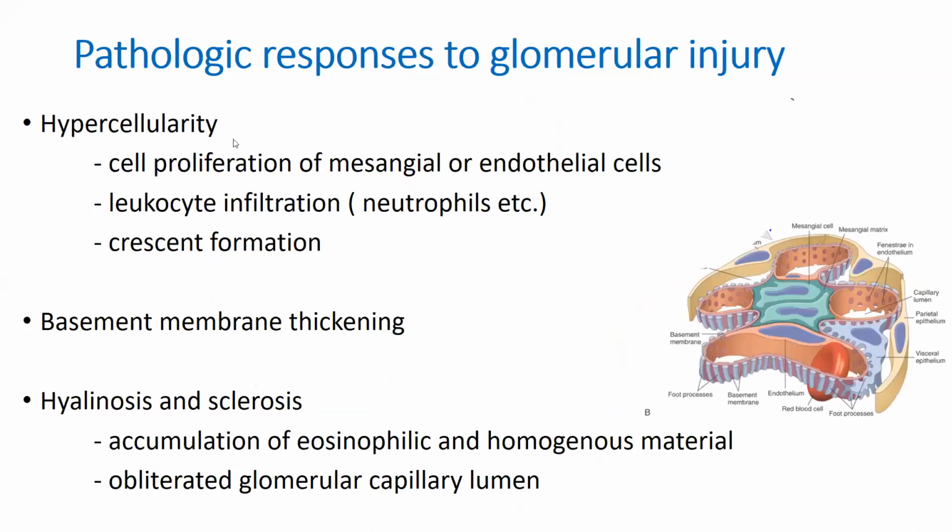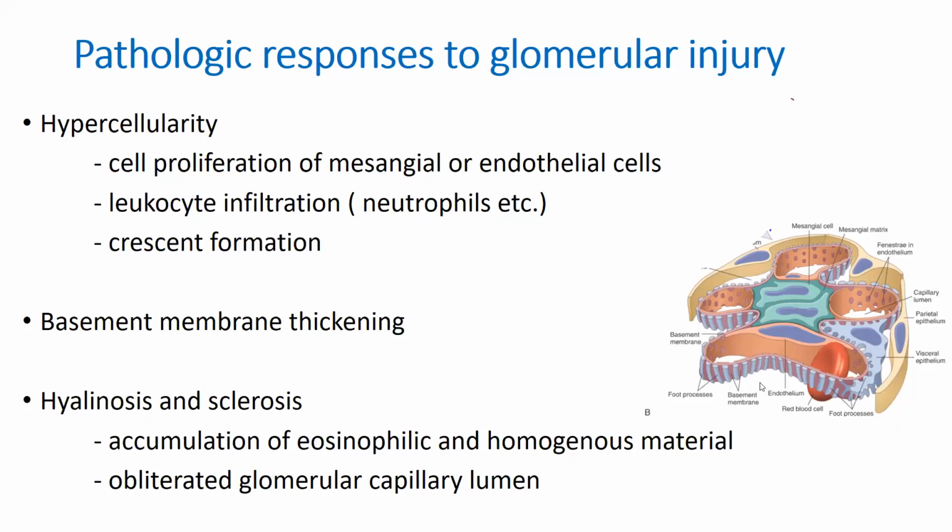So whenever there is injury with any of those mechanisms that I mentioned, the glomerulus will start reacting to it. Just like anywhere else in the body, there is an immune response, a host response to the injury. As a result, sometimes these are some of the manifestations that will come about. You can get hypercellularity, meaning a lot of mesangial and endothelial cells proliferating.